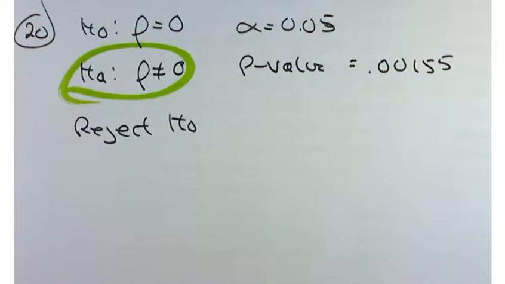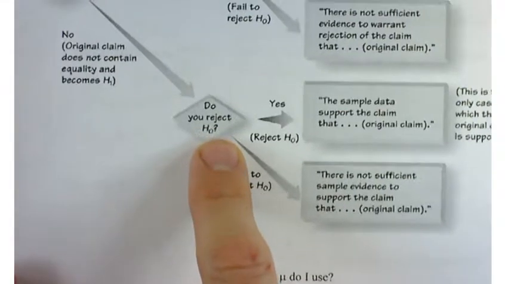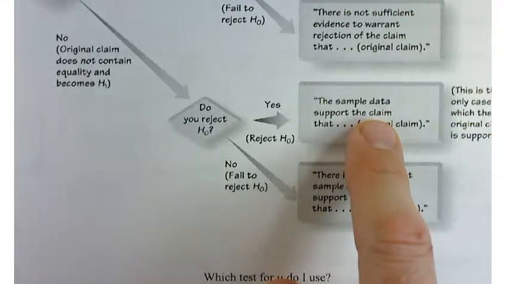So let's take a look at how we're going to word this. Our original claim does not contain the condition of equality, and we rejected it.